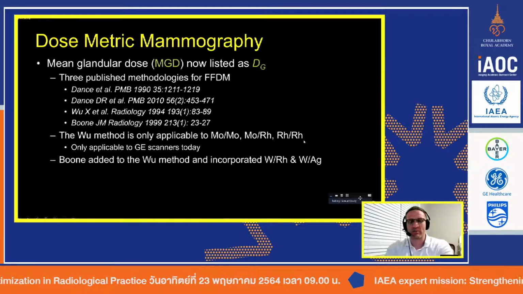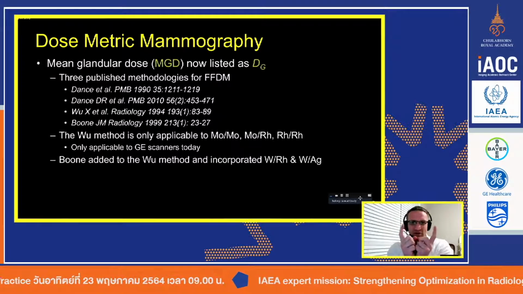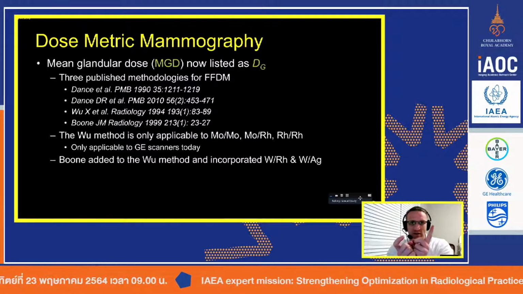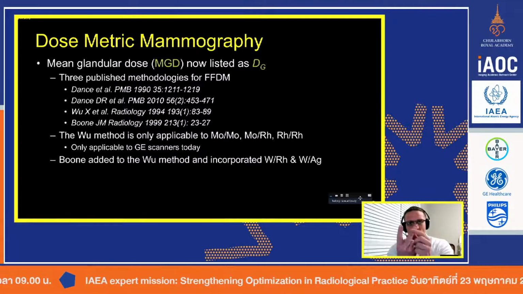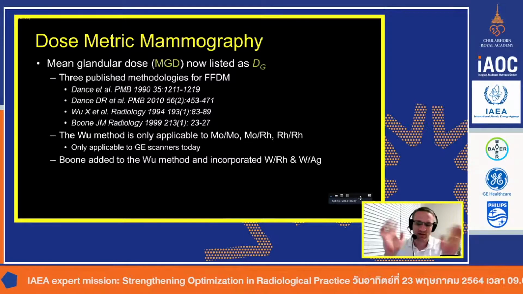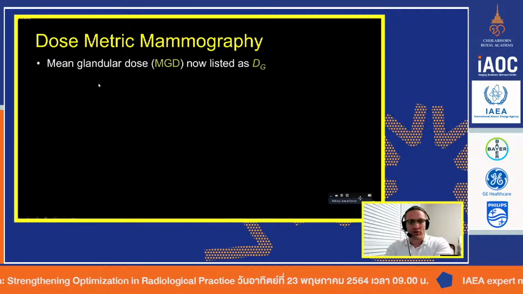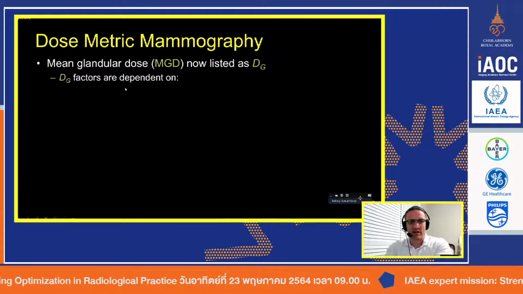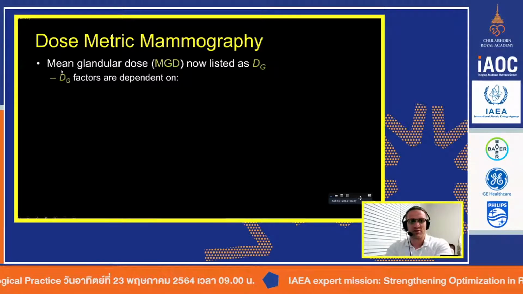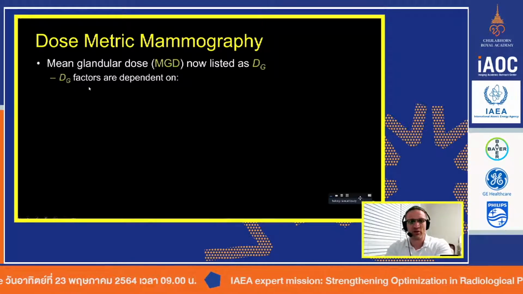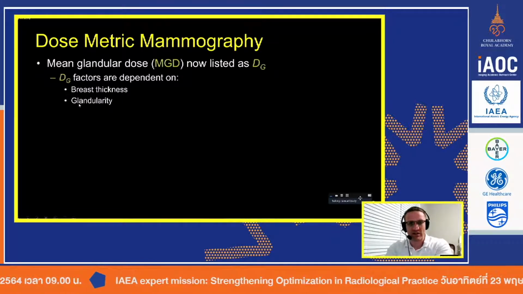So when we talk about today's way to calculate mean glandular dose, there's really only technically two ways to do it. There's the Dance method and there's the Boone method. But the Boone method is based off of the Wu method. So I know it sounds complicated, but it's all there. So what do we need to know to calculate this methodology? For the mean glandular dose, you need to know the breast thickness and the amount of glandularity in the breast.